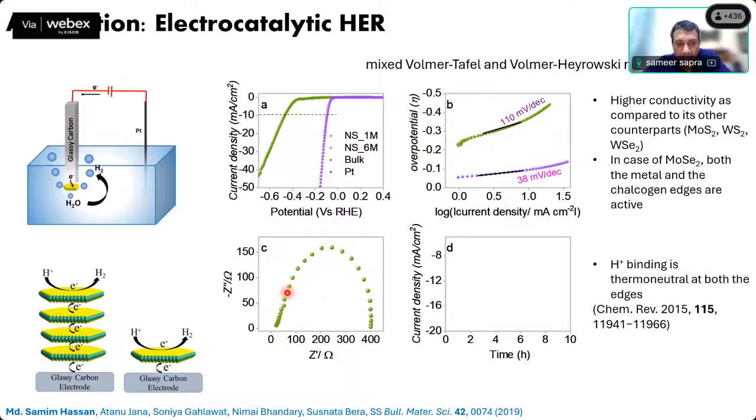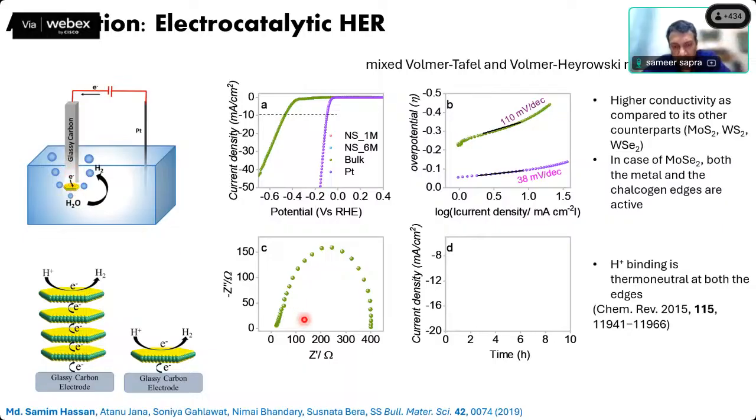Also, when you have this molybdenum selenide, this is something called EIS spectroscopy, and this tells you that you have some resistance for the electron going from here to here, and you have some capacitance and resistance for the electron going from the electrode through the material.